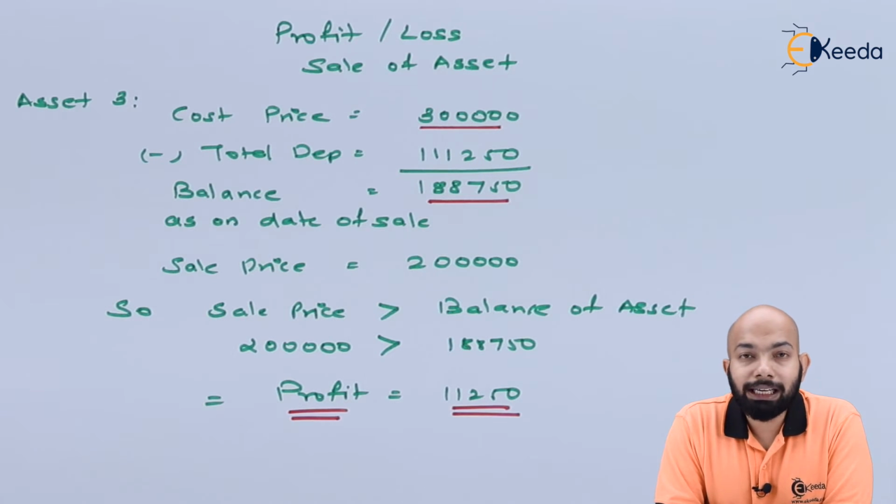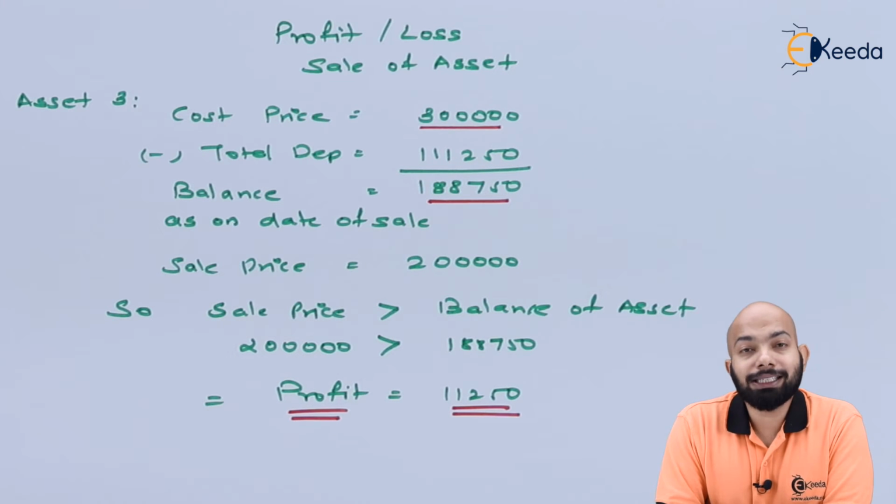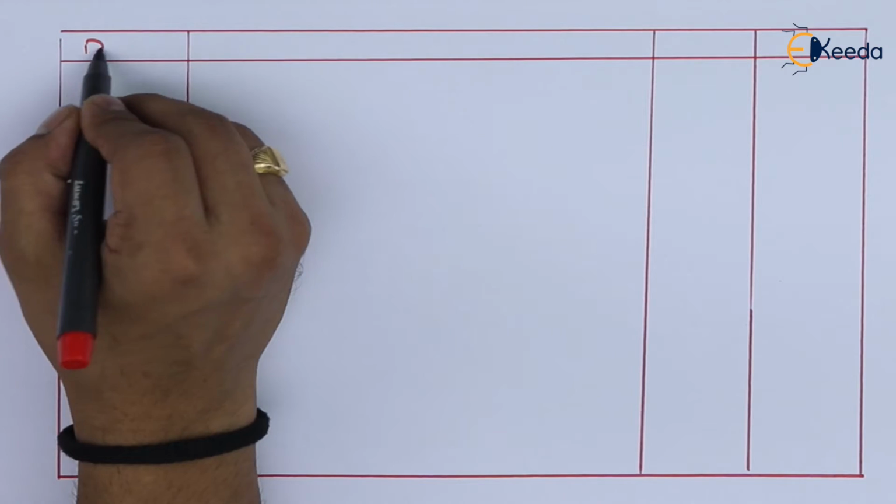With this, we have completed the working of all the transactions or all the assets which we had for our question. We'll further go ahead with passing the journal entries. We'll go ahead in the chronological order itself.